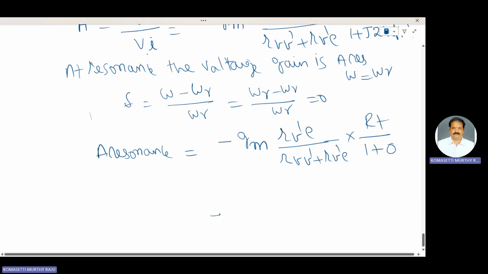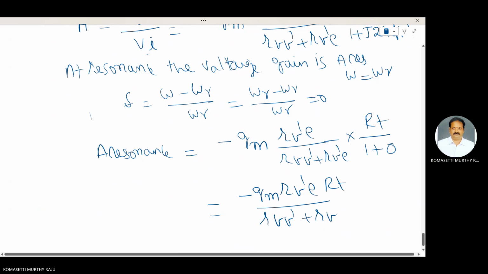Therefore, A at resonance is equal to minus gm RB'E by (RBB' plus RB'E) into RT also.